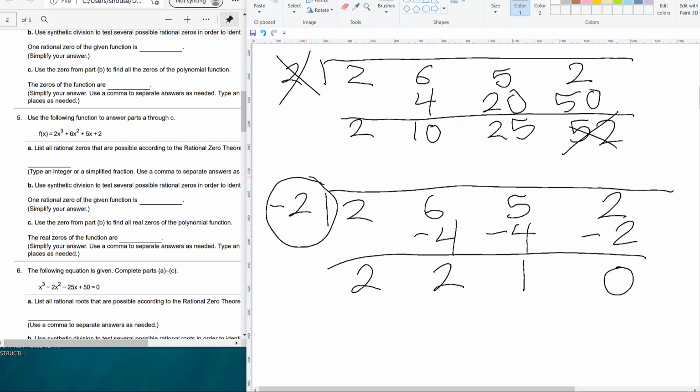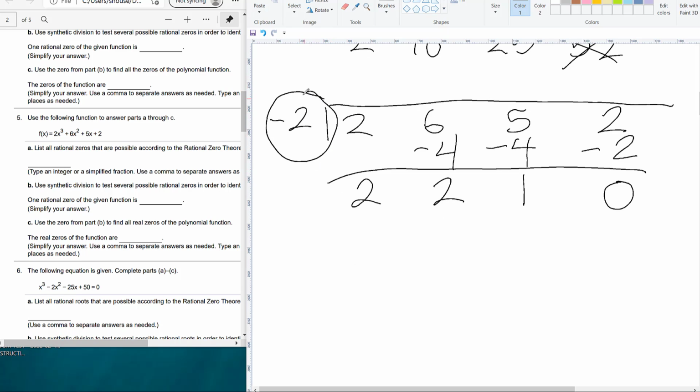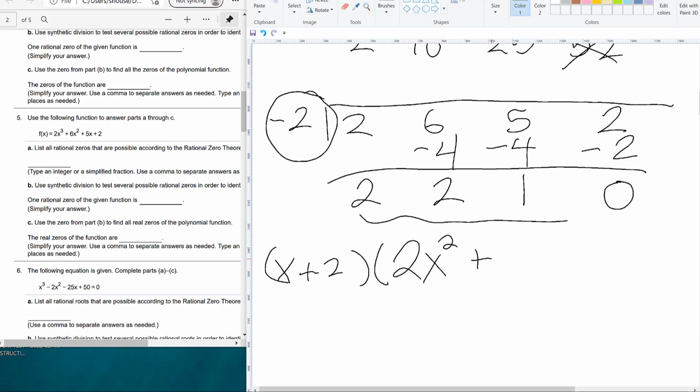Therefore, yes, this is a 0 of the function. Now remember that if -2 is a 0, x plus 2 is a factor, and this trinomial becomes 2x squared plus 2x plus 1. It's the coefficients of a trinomial starting with 1 degree lower than the original.